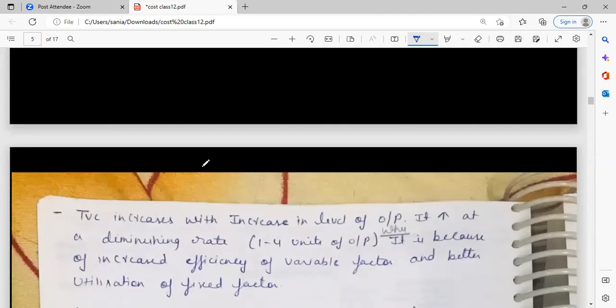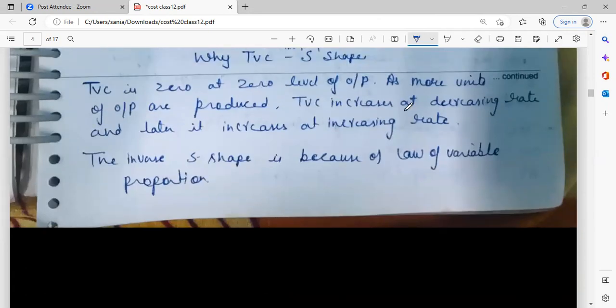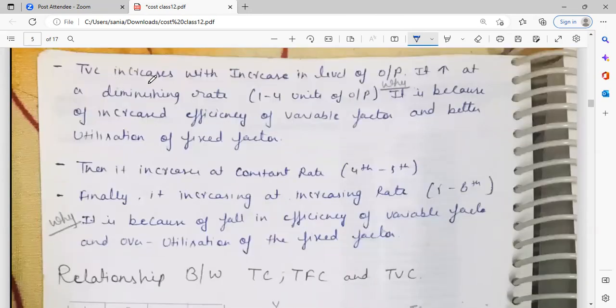You already know over here you have written TVC first increases at decreasing rate, then later it increases at increasing rate. But over here it's a proper definition. First, TVC increases at increasing level of output. This arrow means increases at diminishing rate. Don't need to write this. Then write why: because of increased efficiency of variable factor and better utilization of fixed factor.